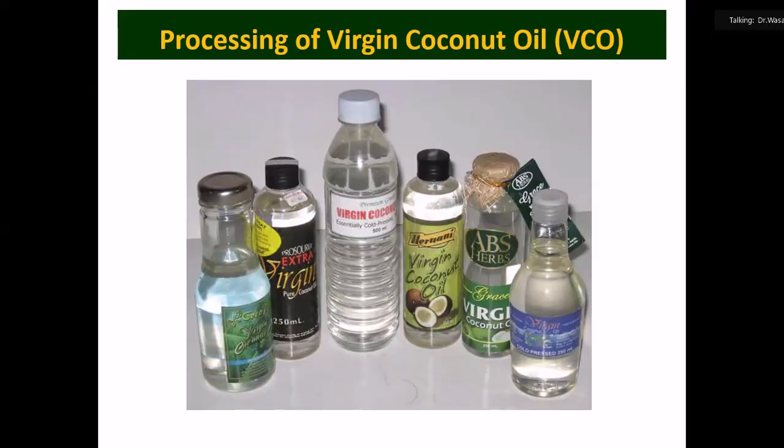Today we are going to start, and from next week we are going to complete. Next week we have to do fiber, charcoal, and the rest of the coconut products.